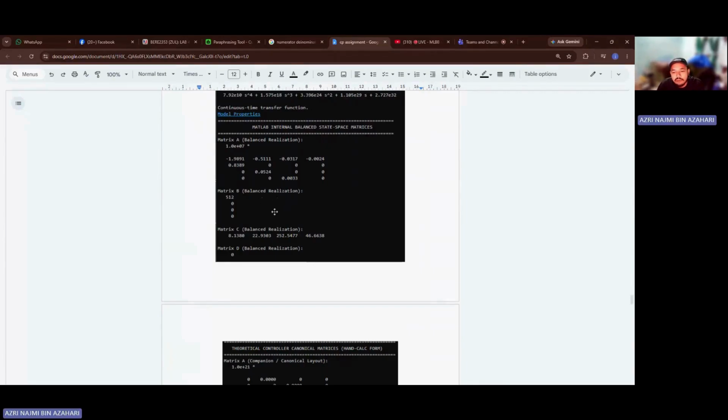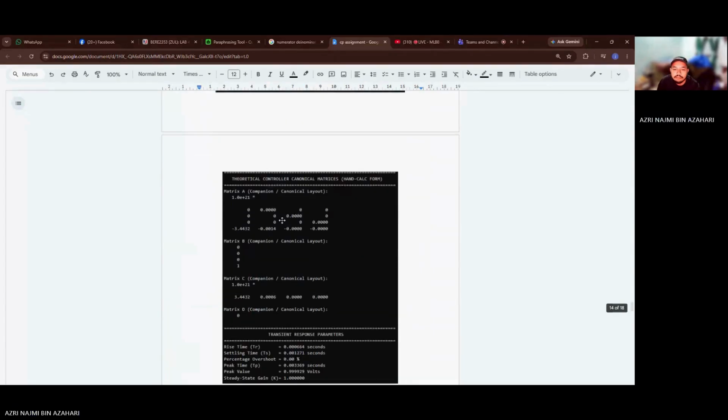Matrix C gives us our 4-element row vector output, and matrix D is simply 0, confirming there's no direct feed-through from the input to the output. These clean, balanced numerical values are exactly what we need to ensure our subsequent simulation runs stably without any rounding or scaling error.